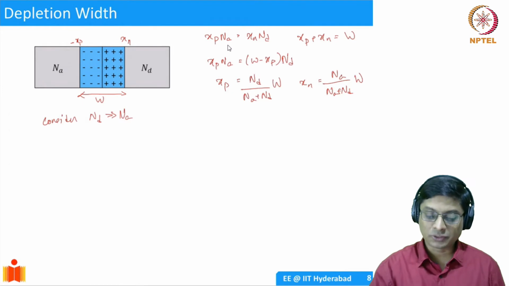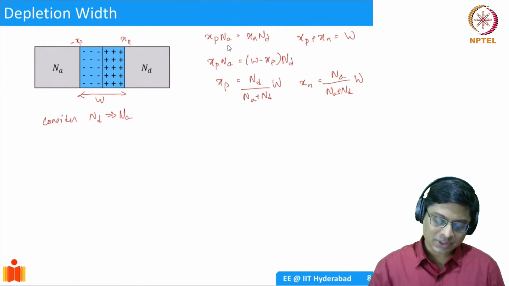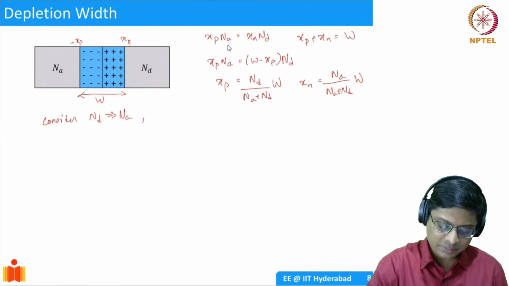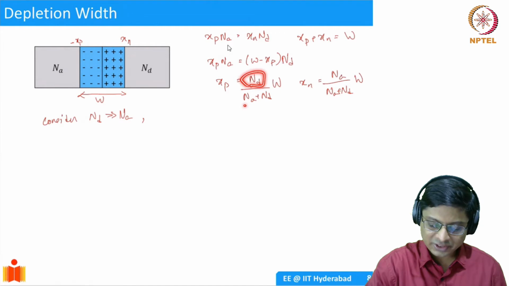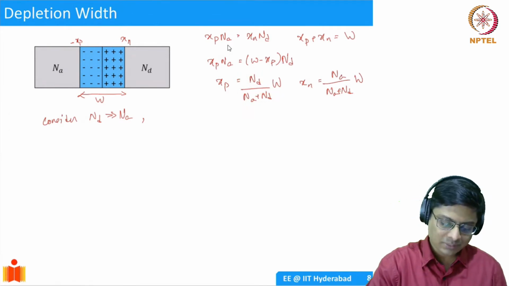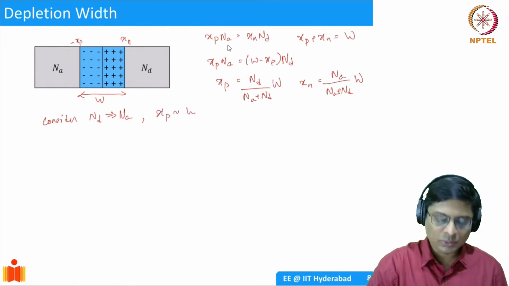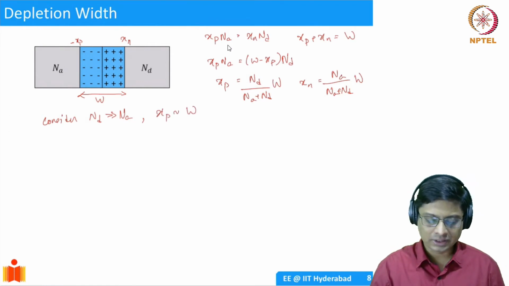What does the formula tell us if Nd is much greater than Na? Na is not going to be significant, so Nd plus Na is almost equal to Nd. So xp is going to become almost equal to W, right?